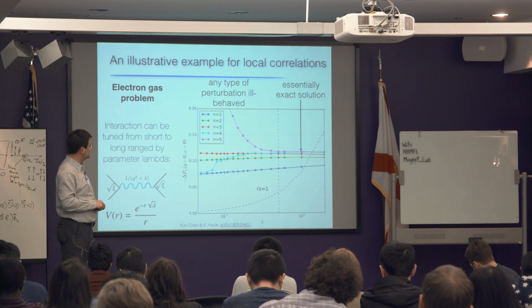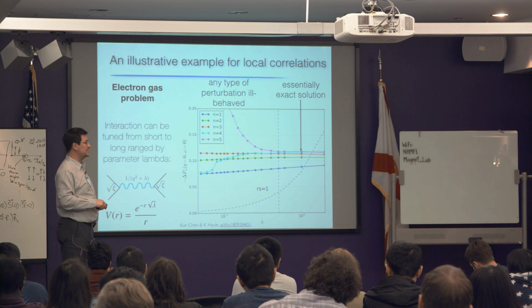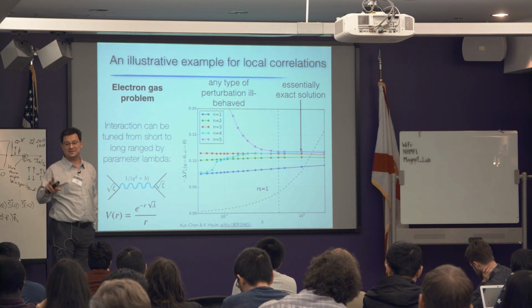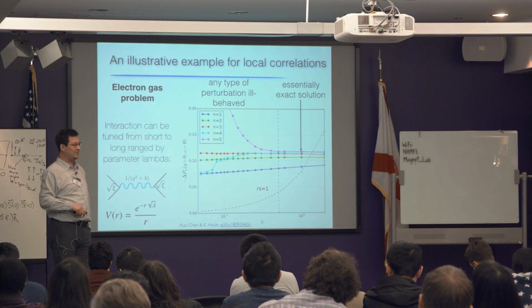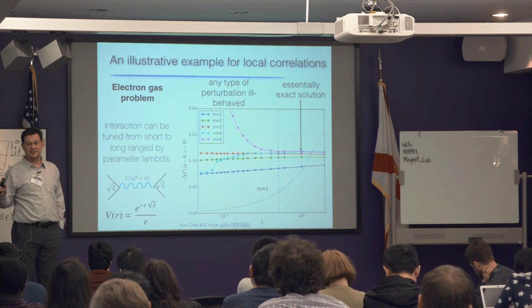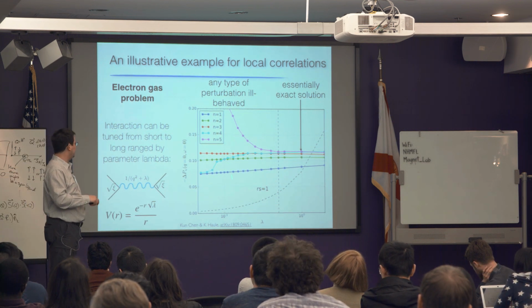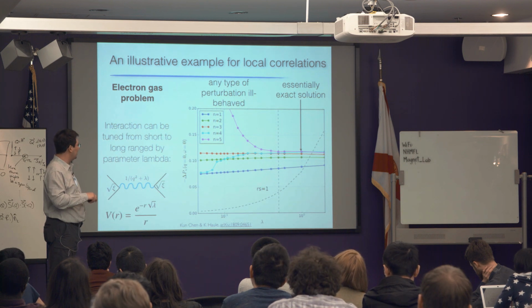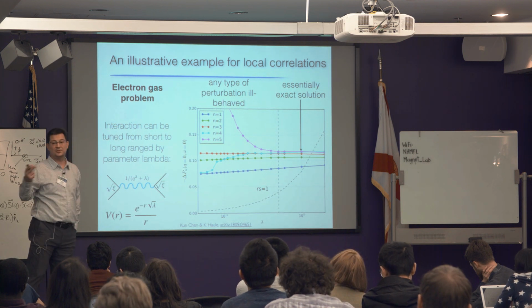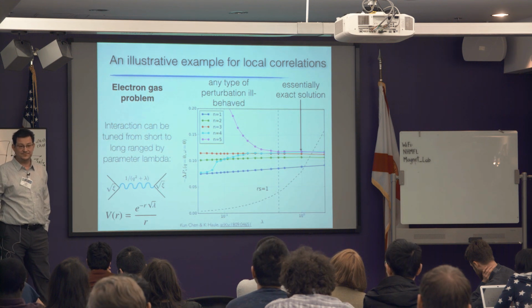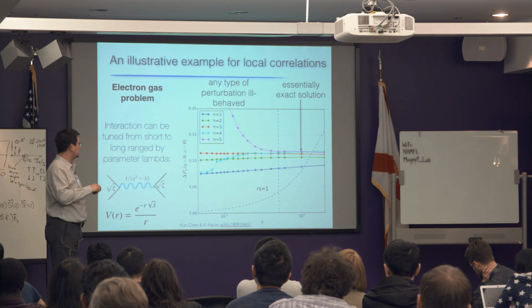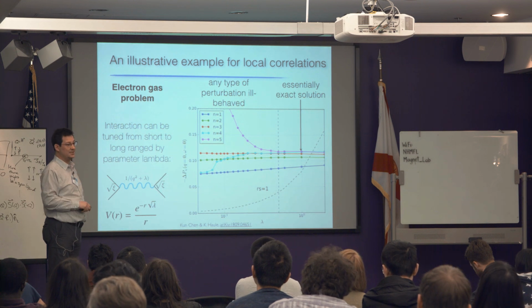But then you take the next order, and in this particular case, it's still okay. But in some cases, it might already be blowing up. And then sooner or later, your perturbation theory will completely blow up. So what that means is that if you have a weakly screened model, then at higher perturbation order, you will not be able to get anything reasonable. It's very hard to converge something when your screening is weak.